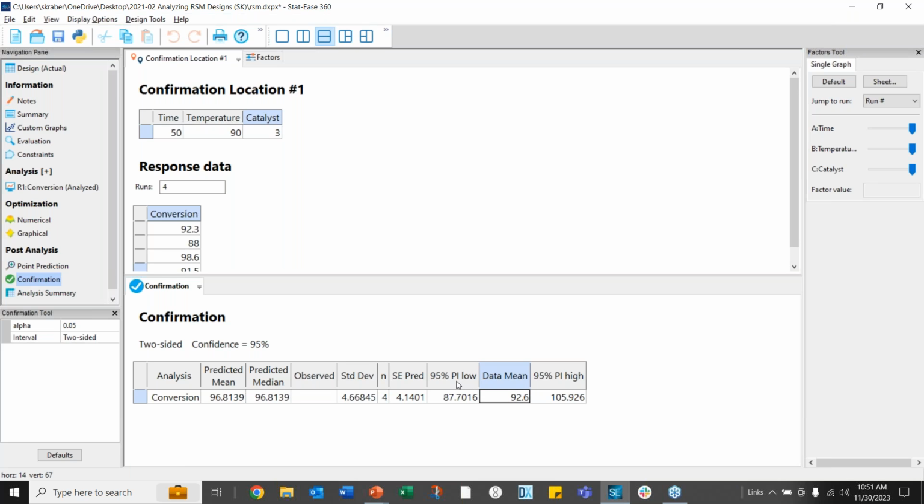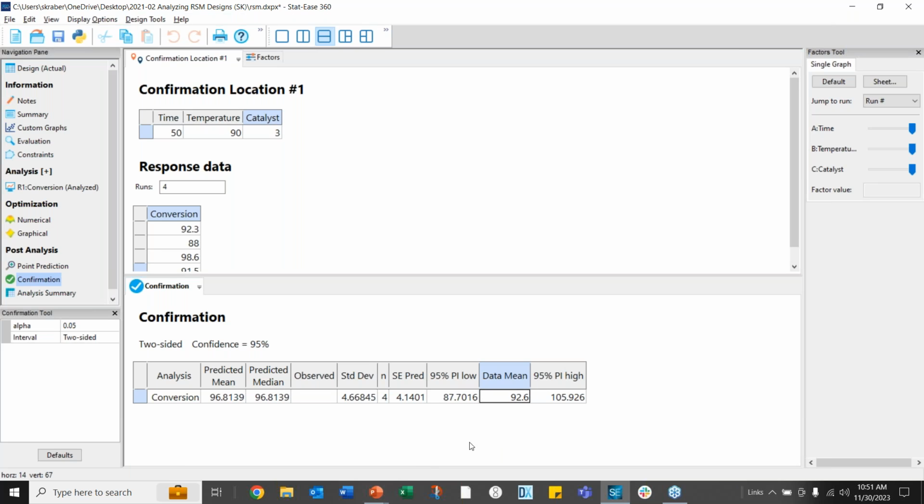And then the 95% prediction interval ranges from 87.7 to 105.9, and our average is within that window. So we can say that we confirmed this analysis, that the analysis is making predictions well, and we have good results.